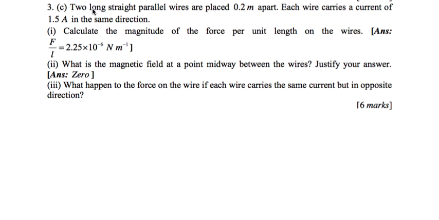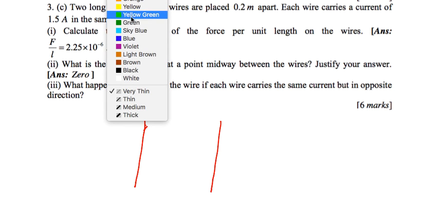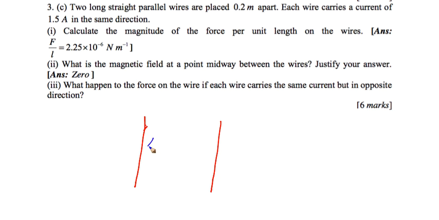Number 3C: two long, straight, parallel wires are placed 0.2 meter apart. So let's say you have wire 1 and wire 2, and the distance between the two wires is 0.2 meter, and each wire is carrying 1.5 ampere.